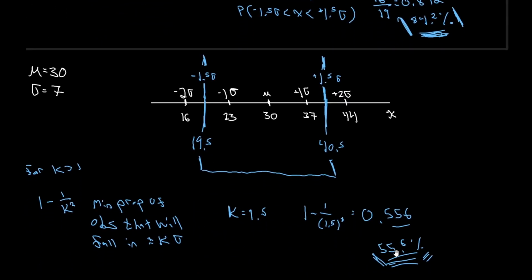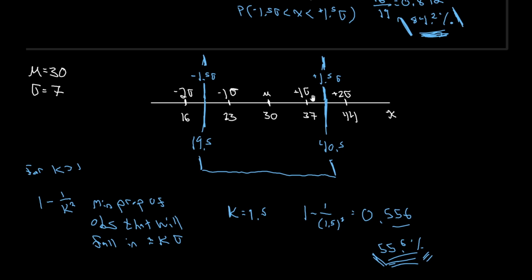With Chebyshev's theorem, all this is giving us is saying, we have no idea what this distribution looks like at all. No idea. It could look like anything. As a result, we can't be 100% certain as to what proportion falls within these bands.